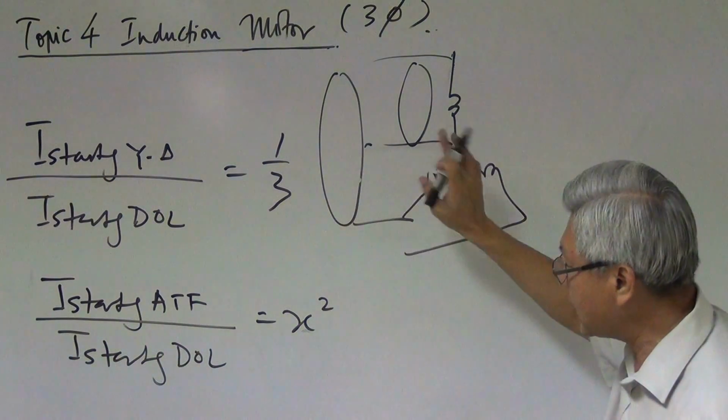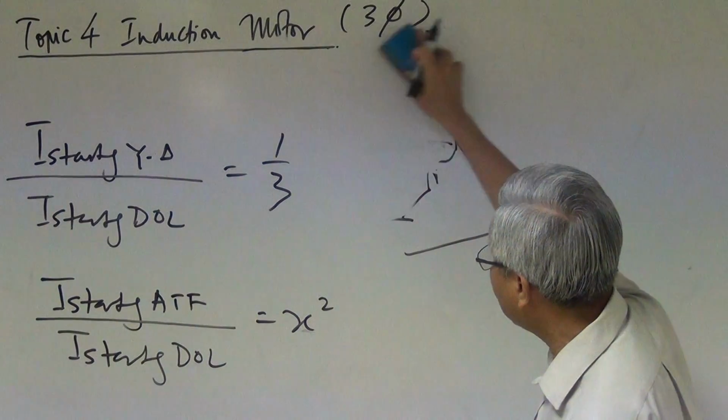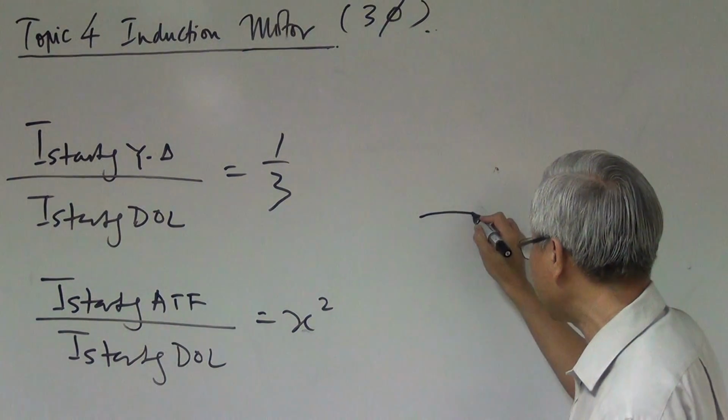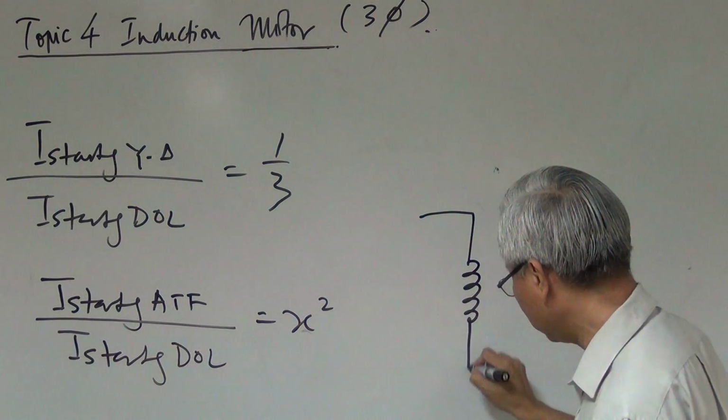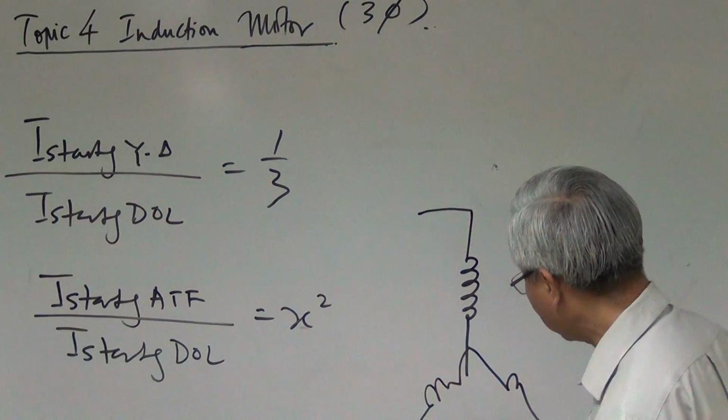Okay? So this is the way to reduce the starting current using the star-delta method. Whereas using your auto transformer is actually using a transformer. Alright? Let's say I draw transformer.